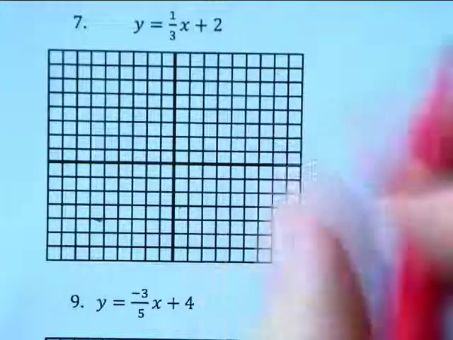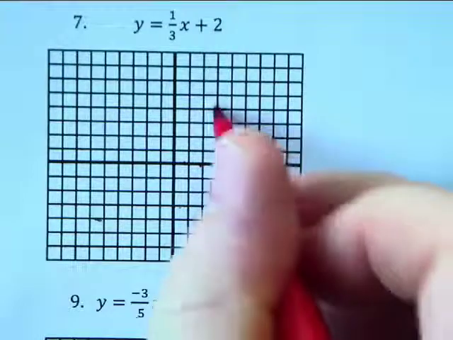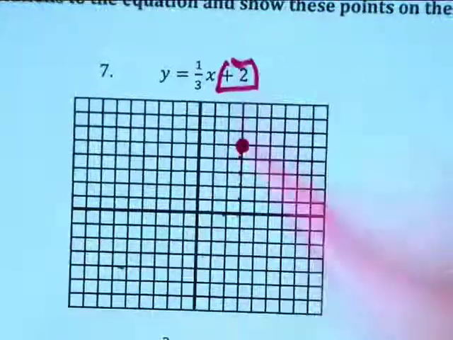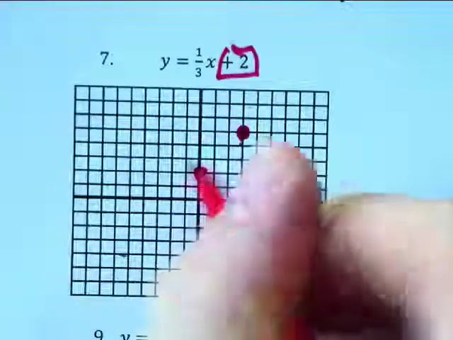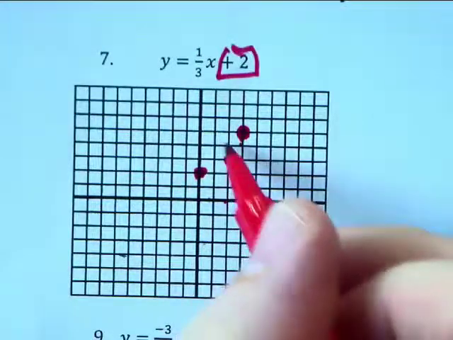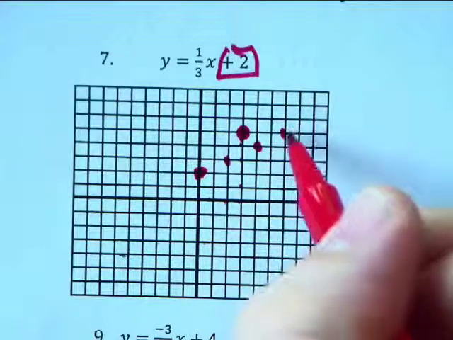Okay, so once again, here we want to find out if (3, 5) is part of the solution, or part of the line. We have positive 2 as our y-intercept. So right here. And then up 1 over 3. Up 1 over 3. Up 1 over 3. And notice we're just kind of going right past it.